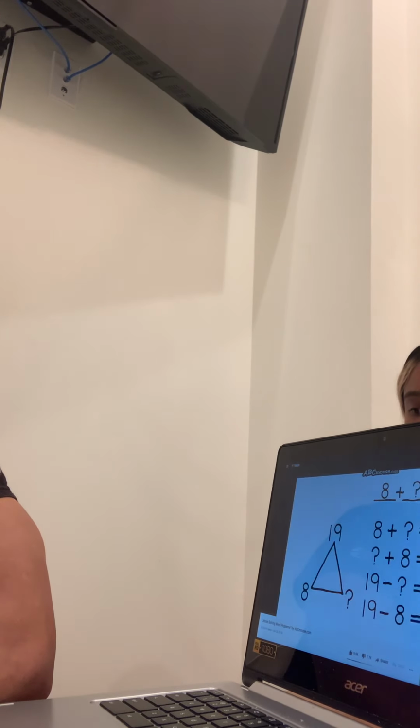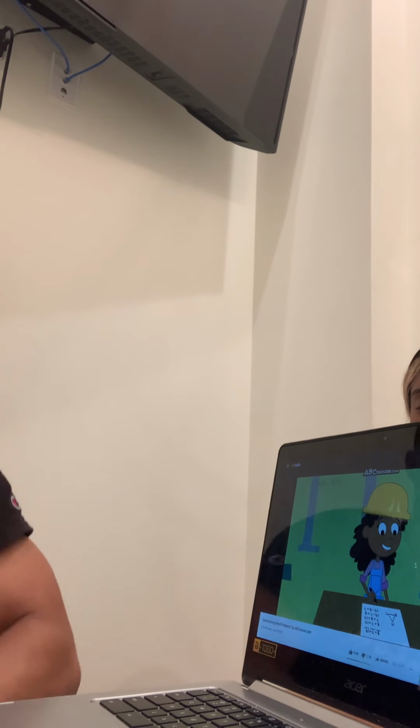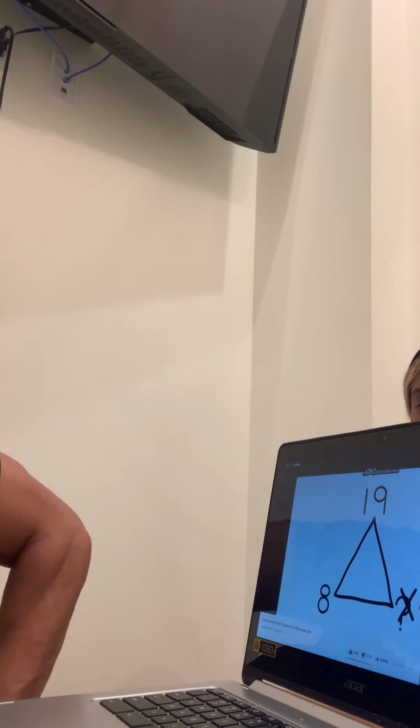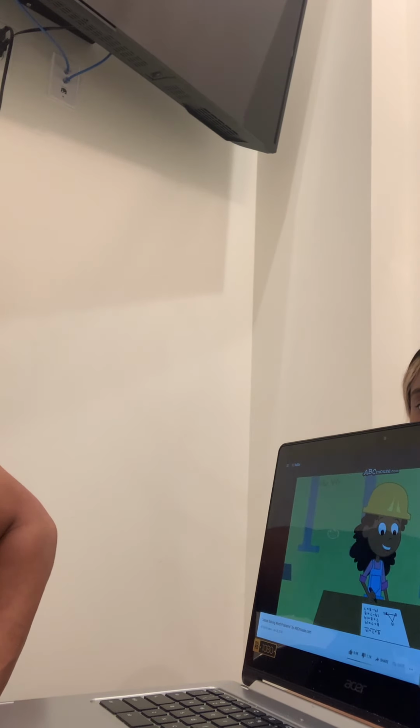But look, 19 minus 8. We can solve that number sentence. 19 minus 8 equals 11. The missing number in our number family is 11. And that means the crane delivered 11 beams. You're sure about that? Let's check.